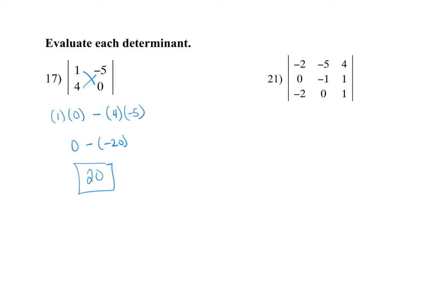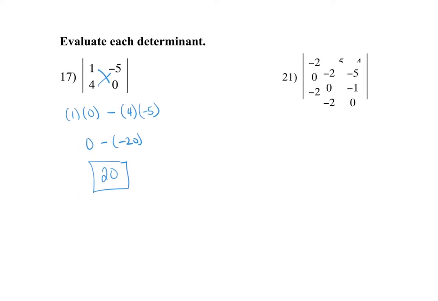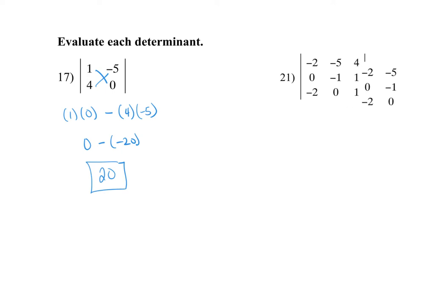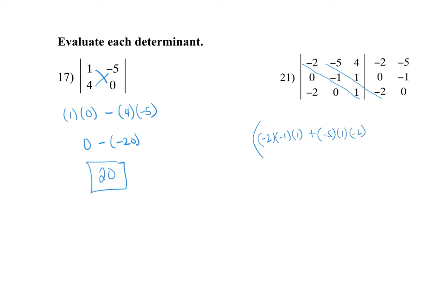If you want to do your diagonals, then you're going to want to shift this over so that you can create those diagonals. And remember, you are just multiplying down. So my first group is going to be -2 times -1 times 1, plus my next diagonal, -5 times 1 times -2, plus my final diagonal, which is 4 times 0 times 0.